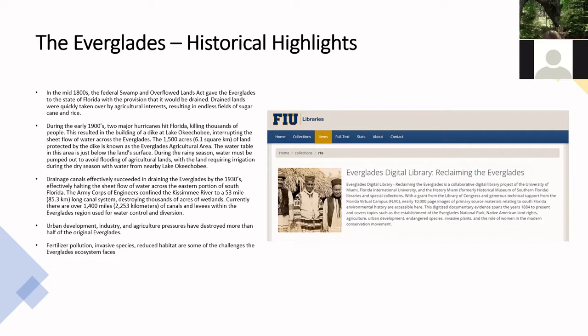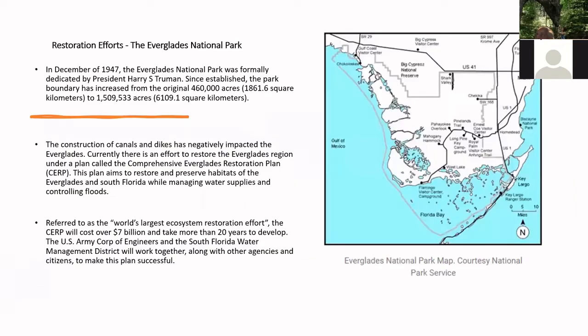In the past maybe 10 years, we have had restoration efforts that started to help the area go back to the way it was. The Everglades National Park, which was originally created in 1947, has increased now from the original 460,000 acres to 1,500,000 acres.